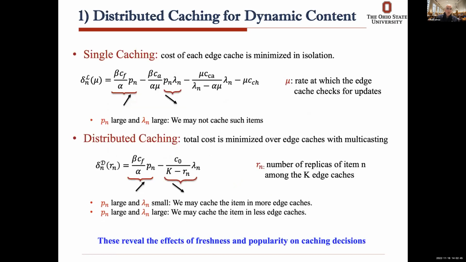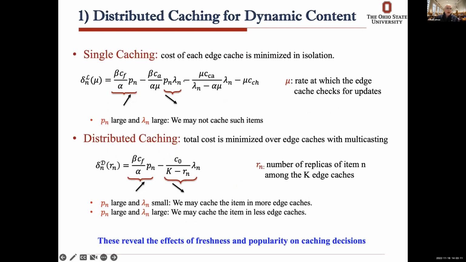In that framework, we looked at two cases, one being single edge caching. In this case, you don't have multiple caches, but just one cache. And we found pretty precisely the effect of popularity, these costs that I've talked about, the rates of requests, and the refresh rates, the lambda n. This is the new component.